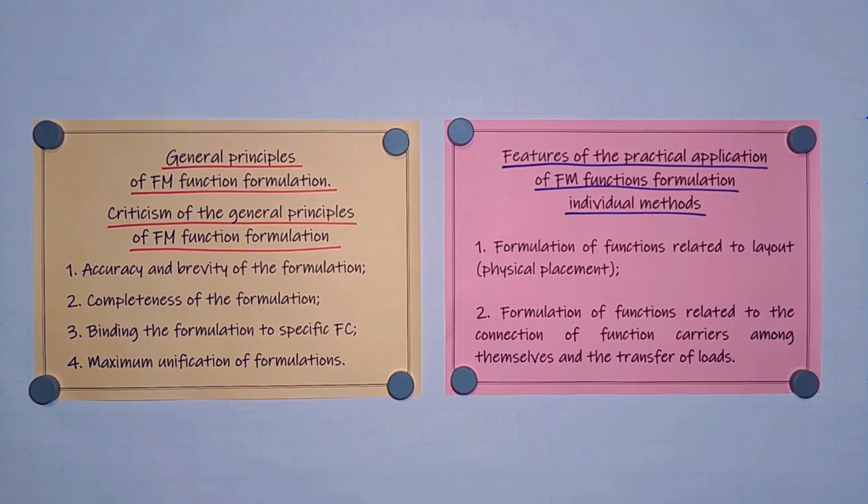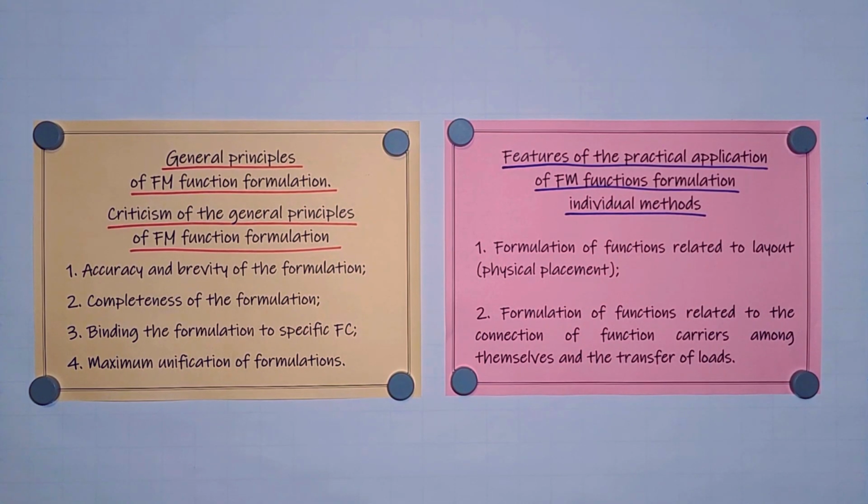Firstly, by a detailed classification of functions. Secondly, by standard forms of the tabular structural and functional model, with correct filling of which binding of functions to the appropriate carrier is provided.